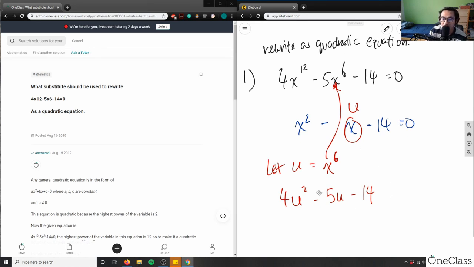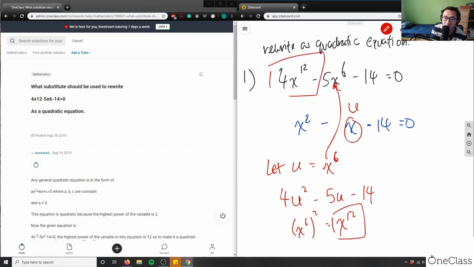The reason is that if I had u squared here, and I let u be x to the 6, then x to the 6 to the power of 2 would equal x to the 12. So this is exactly the same as the degree I was talking about before.